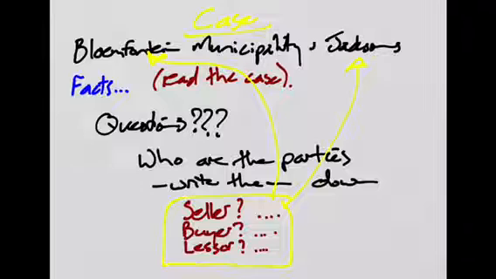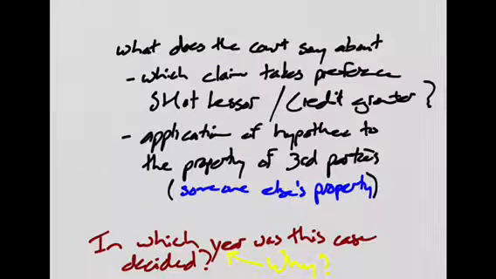We now move on to another aspect of this case. I want you to think about what the court says about which claim takes preference. Is it the silent hypothec of the lessor or of the credit grantor? Do you think that the conclusion that the court comes to is fair?